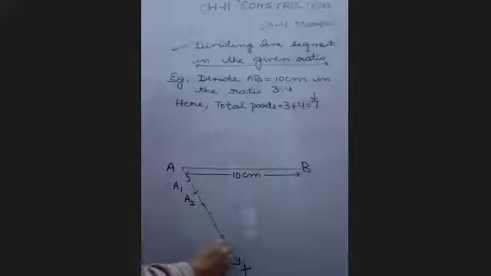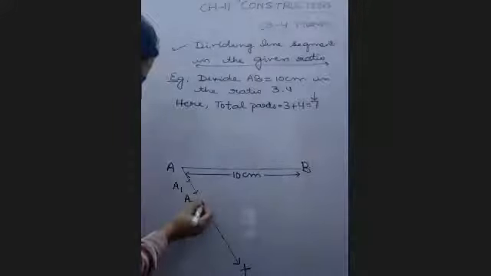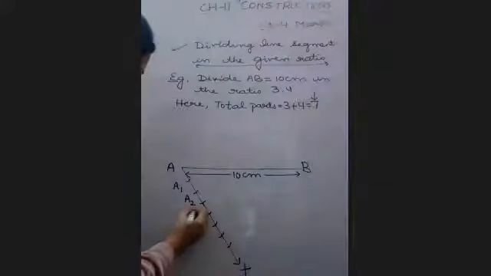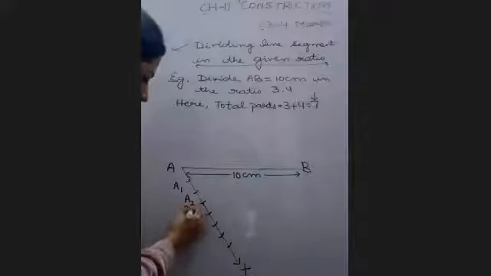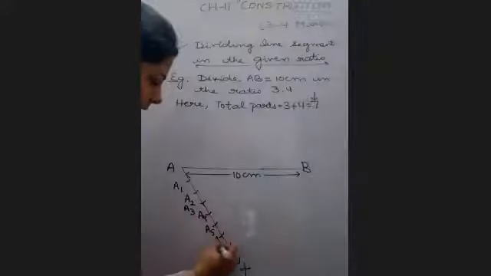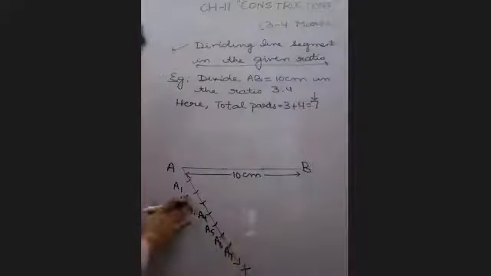How many should we go for? 7. We divided into 7 parts. This is A3, A4, A5, A6, and A7.